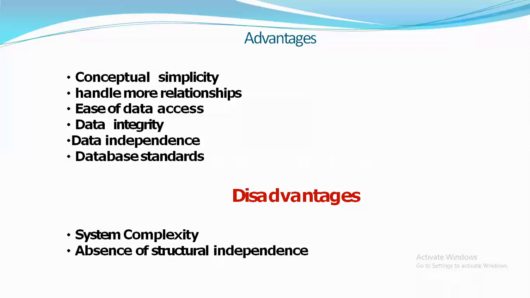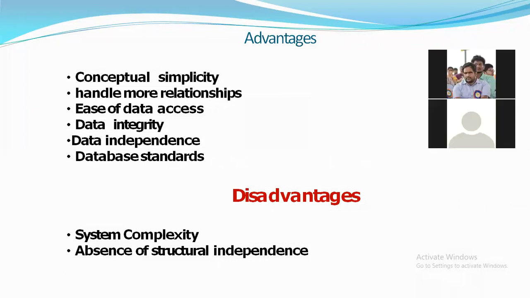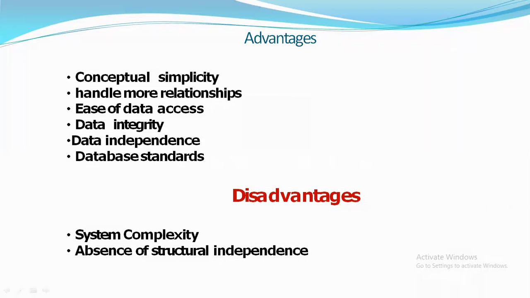Each node can be connected to all the nodes of a graph, that's why it handles more relationships. Data accessing is very easy, data integrity is there, data independence is also there, and we can also use database standards.